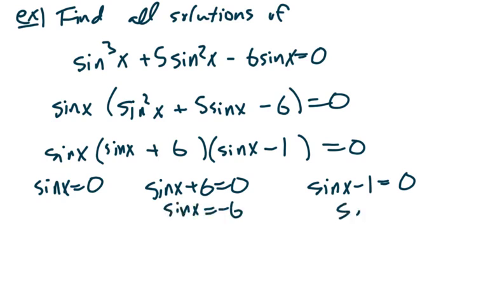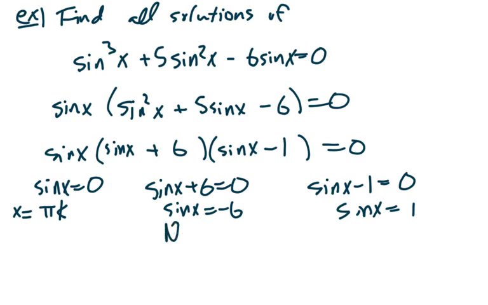So we've got this. And sine of x equals 0 means x is going to be pi times some integer k. Sine x equals -6. Hang on a minute. Ein Minuten bitte. What is the range of sine? What are the possible y values again? -1 to 1.